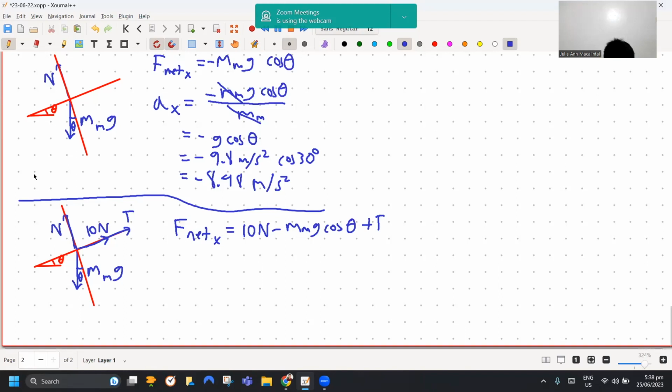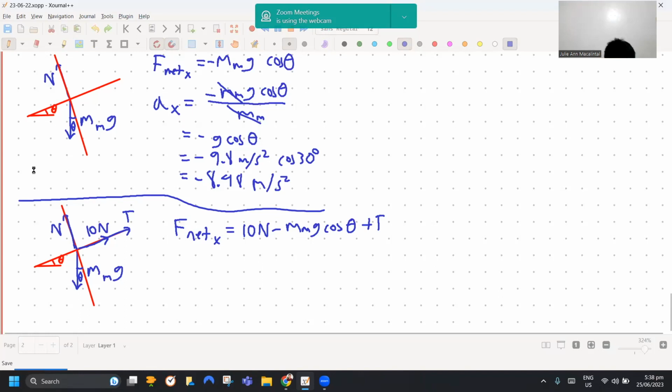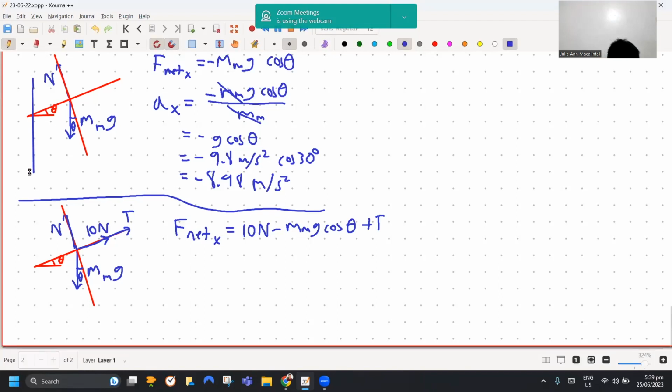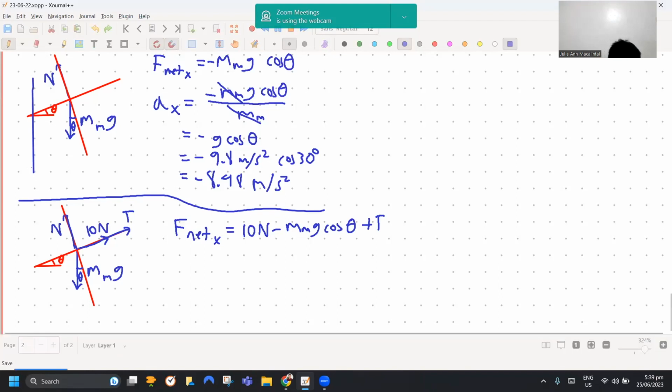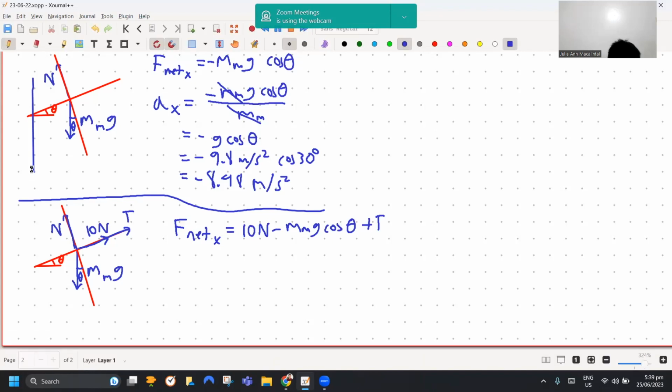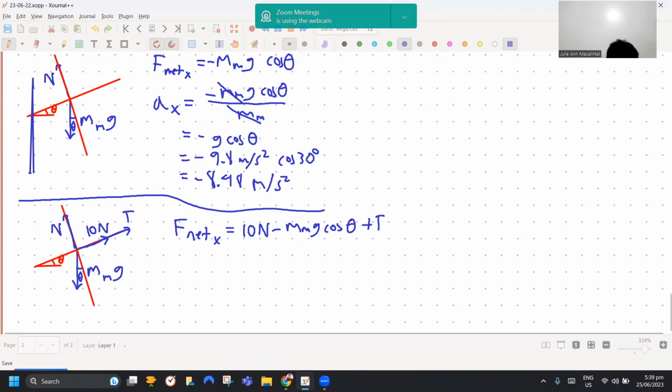Ngayong may applied force na, anong mangyayari sa tension? So isipin mo, may nag-a-assist na ngayon sa rope. Yung assistance ay 10 newtons. Ano yung response ng rope? Or ng cord?